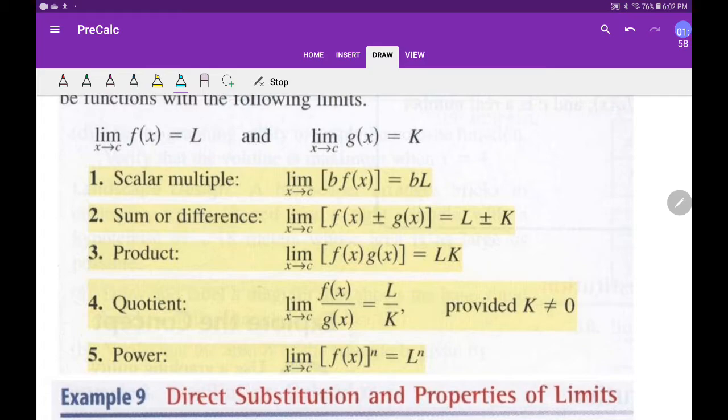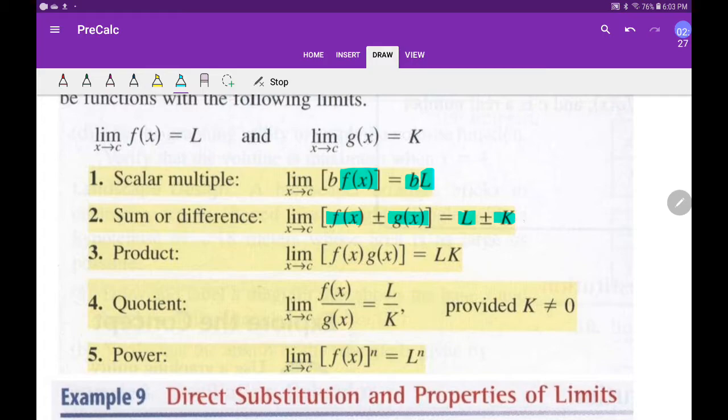If I take the limit as x approaches c of a function times b, it's okay if I just do not b and just the function, and when I get the limit, then I multiply by b. So I can factor the b out, if you will. If I take the limit as x approaches c of f of x and g of x added, it's okay if I do each one individually and then add them together.